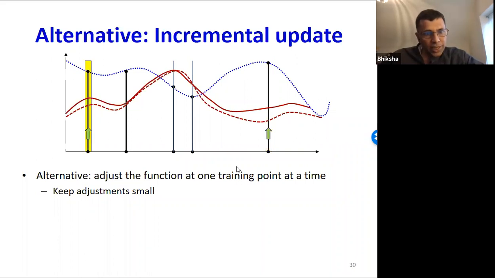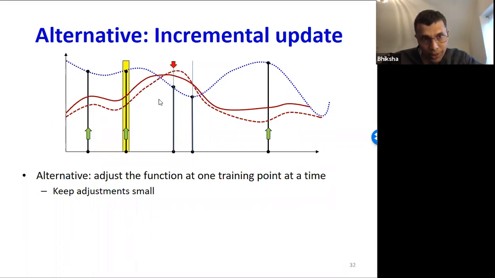Then you pick up another training instance, you find that over here, the function is also under predicting the target function. So you adjust the parameters to push this up. And then you go to another point. Here it's over predicting it. So you're going to adjust the parameters to push the function down over here. And keep repeating this process.